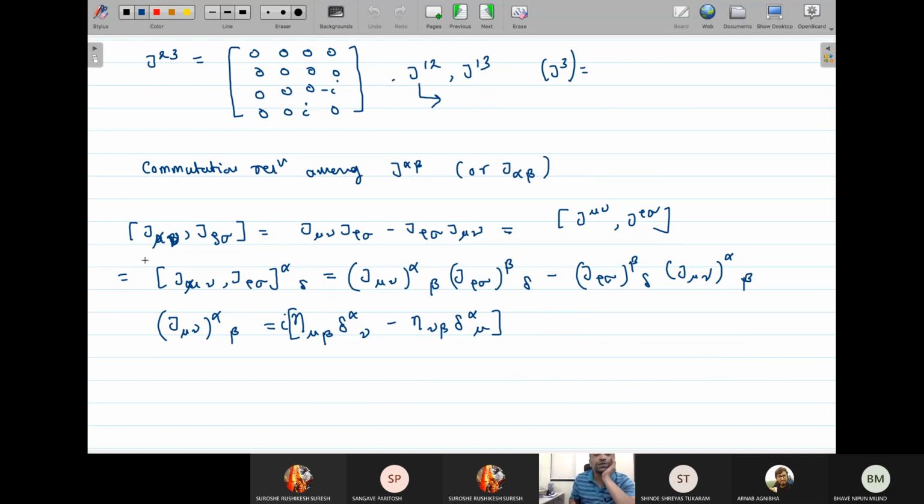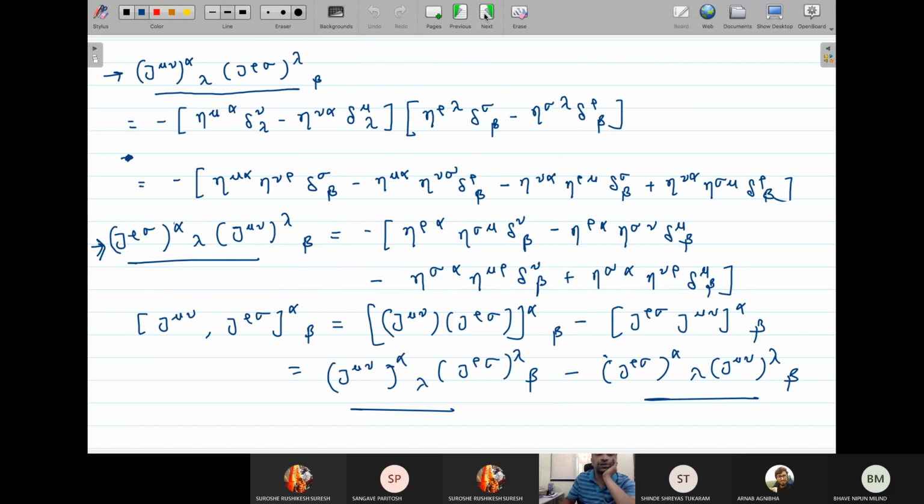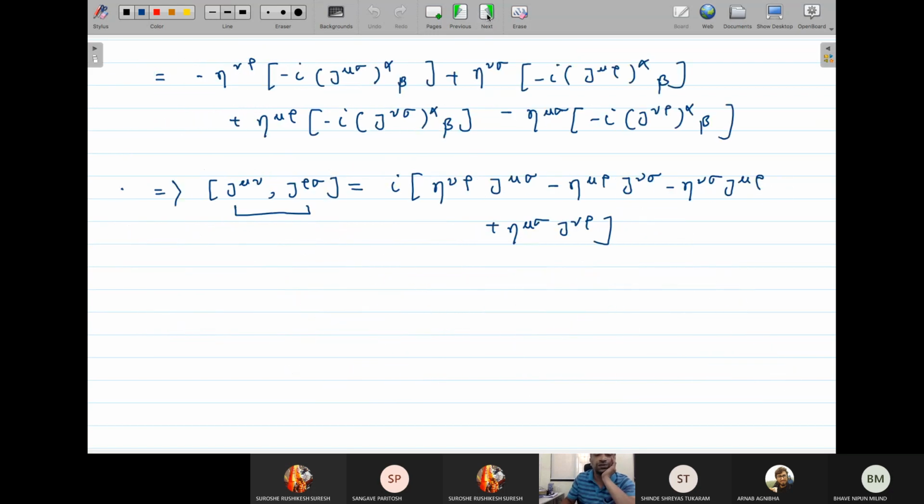The algebra means the commutation relation among these J alpha beta. That is important. The commutator between J mu nu and J rho sigma is this. We have obtained this relation for all mu nu and for all rho sigma.